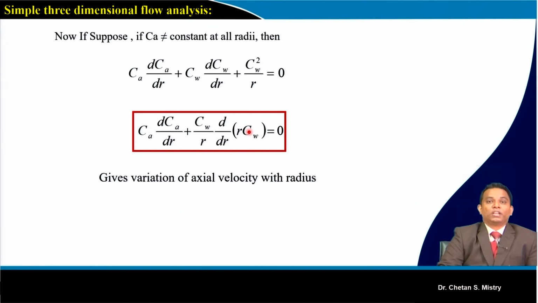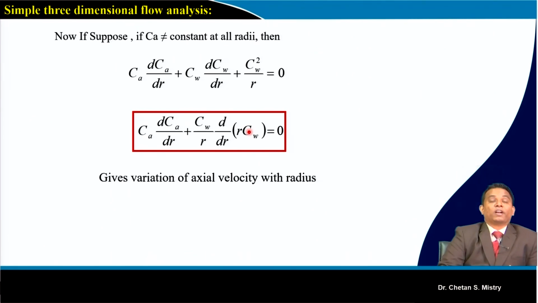Initially we started with certain assumptions, then came up with a formulation where we equated the inertia force and the pressure force, and based on that we arrived at the radial equilibrium equation. Then with our understanding of the fundamental energy equation, we correlated enthalpy variation with radius.